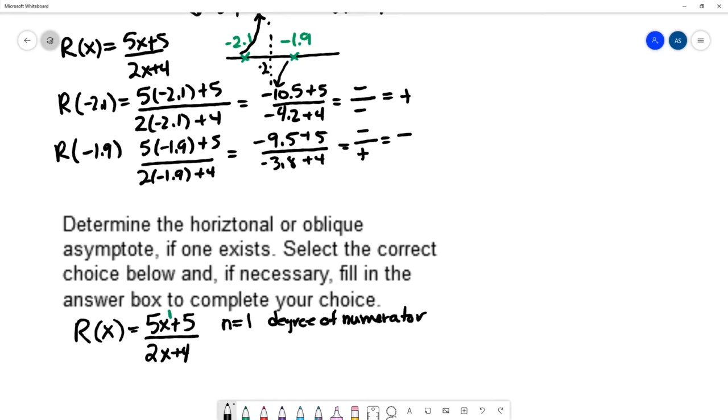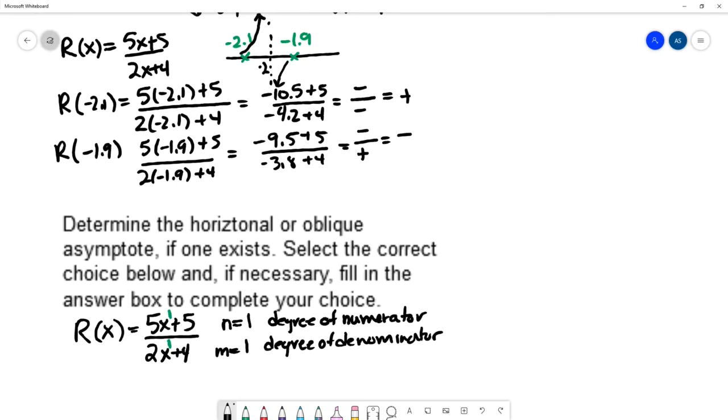And then we need to know m, which is the degree of the denominator. And it also is 1, x to the first power. It's a degree of 1. We take the highest power if we have more than one variable there.